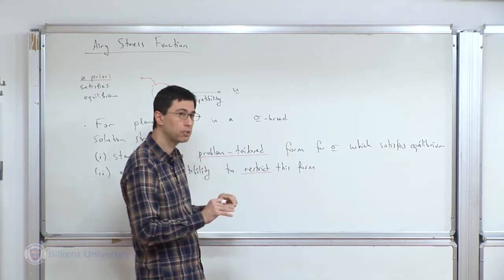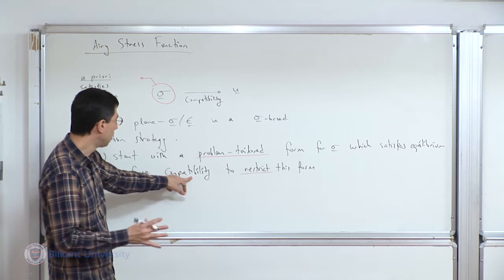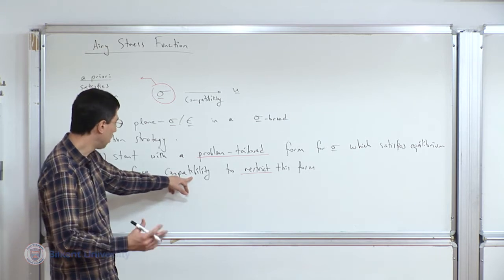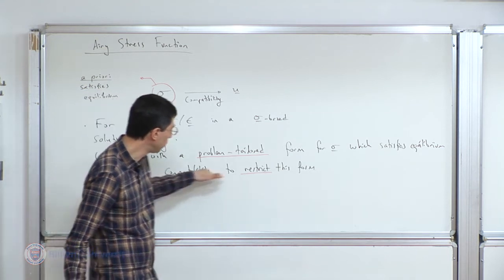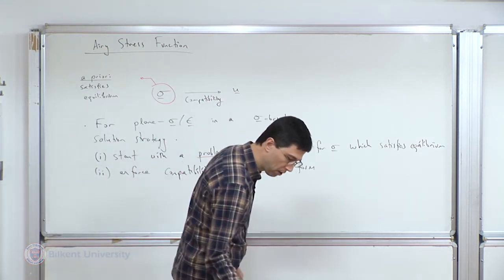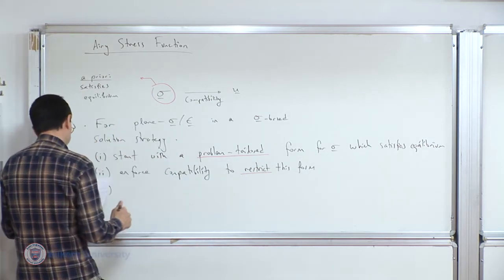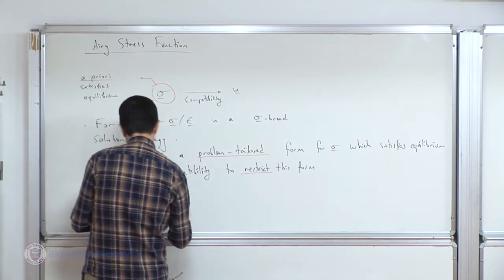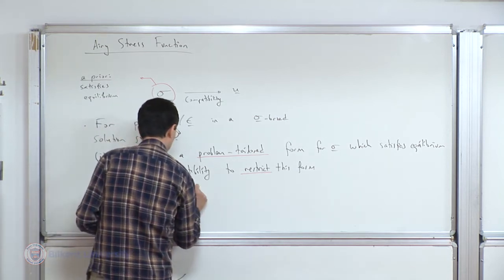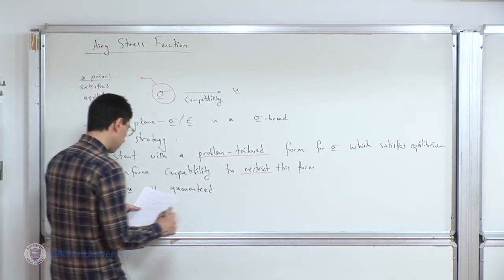I have a particular problem, which has certain mechanics embedded in it, and compatibility will restrict that form further. And finally, because I have enforced compatibility, I know that there is a displacement field, and if necessary, I would like to be able to build it.